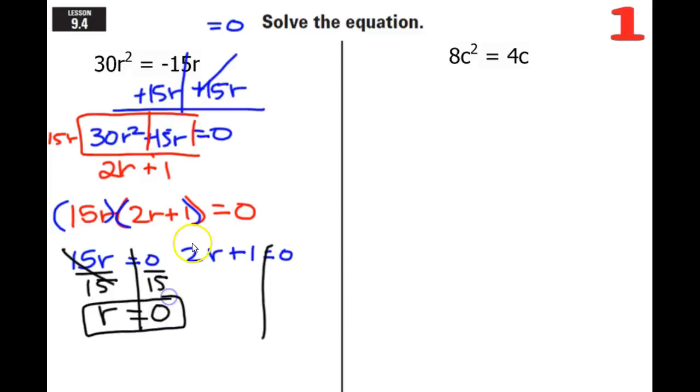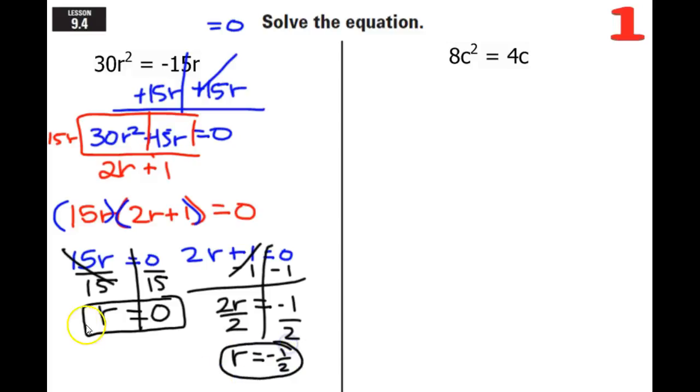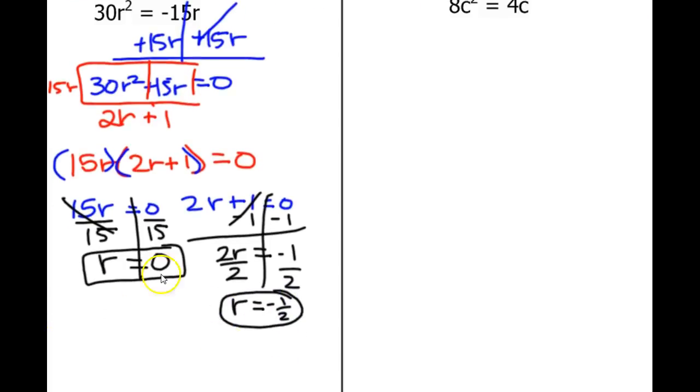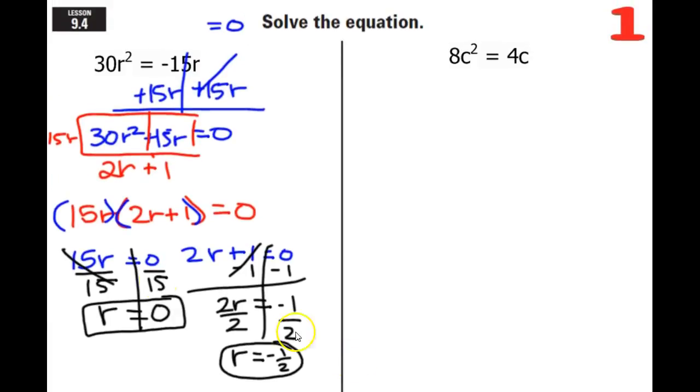That's one answer. And then subtracting 1 here first. Always get rid of addition and subtraction first. And then dividing by 2. We have r equals negative 1 over 2. If you want to leave it as a fraction, you can. If you want to convert it to a decimal, negative 0.5, that's fine. But those are your two answers.